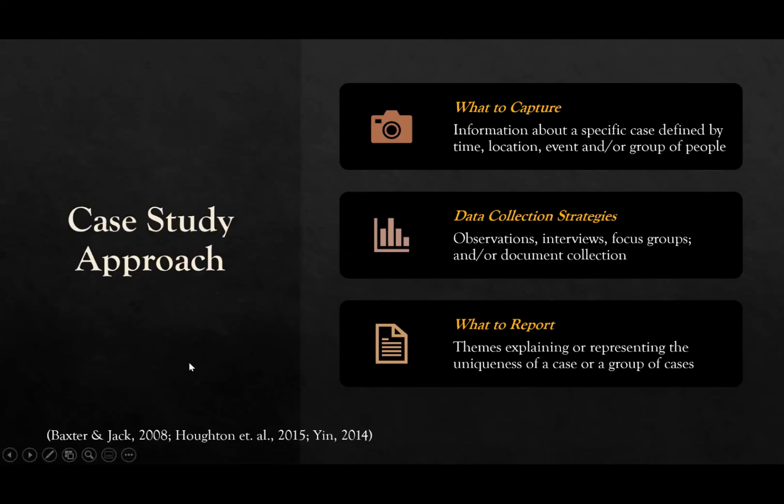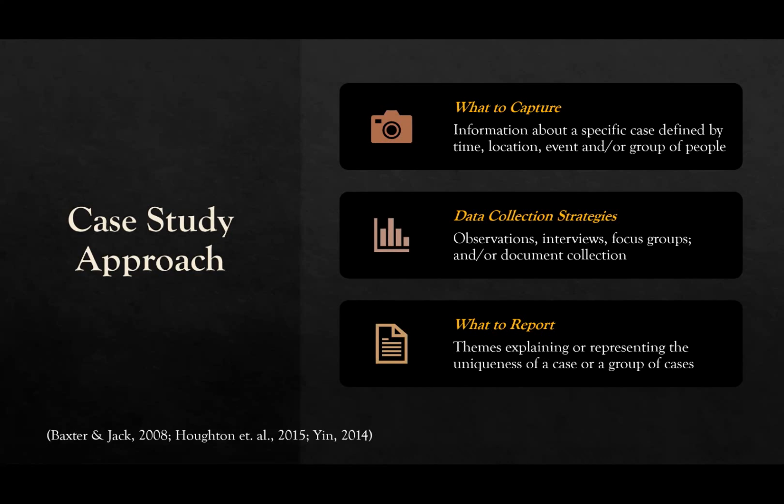In terms of case study, it should be an issue that is well defined, right? So let's say you want to study maybe the experience of COVID, right?